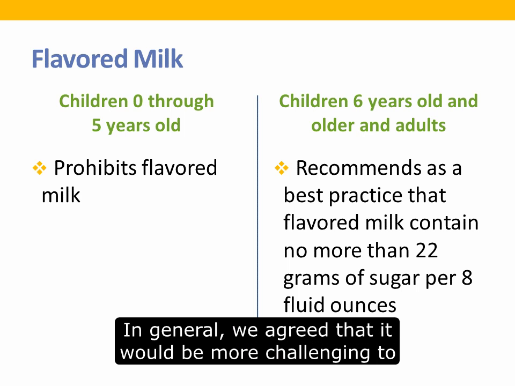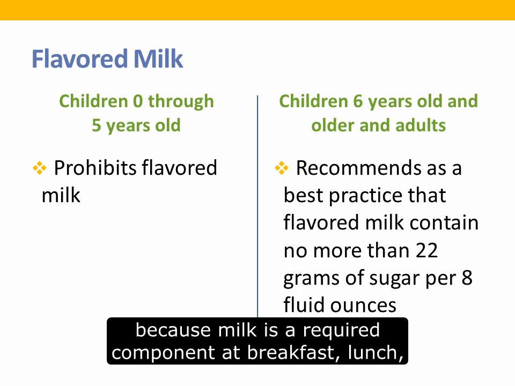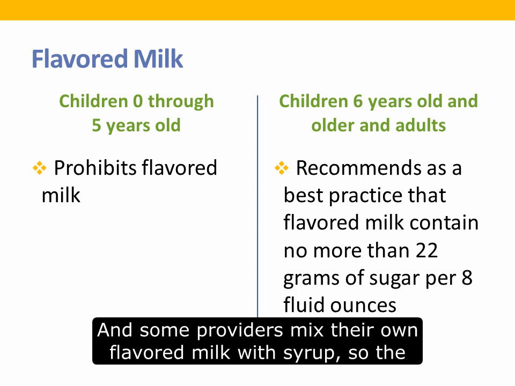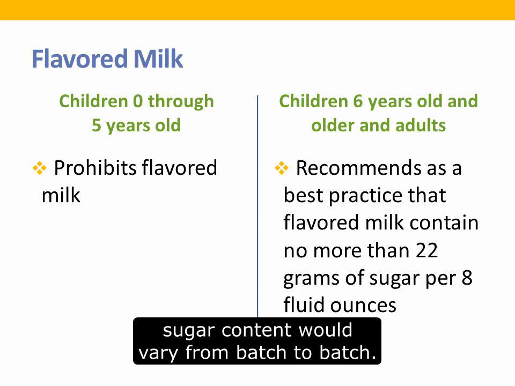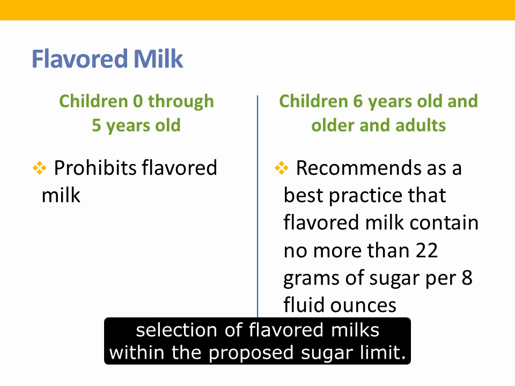In general, we agreed that it would be more challenging to monitor and implement a sugar limit on flavored milk, especially because milk is a required component at breakfast, lunch, and supper meals. And some providers mix their own flavored milk with syrup, so the sugar content would vary from batch to batch. Additionally, market research indicated that there's a limited selection of flavored milks within the proposed sugar limit.